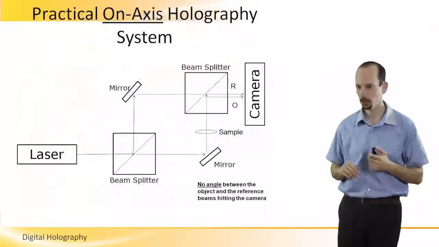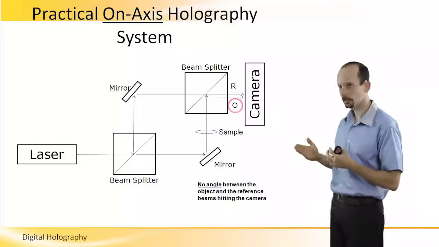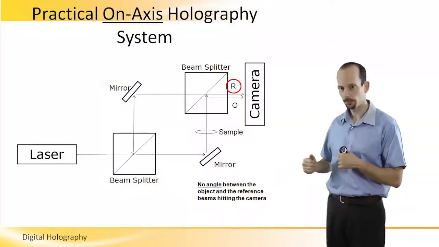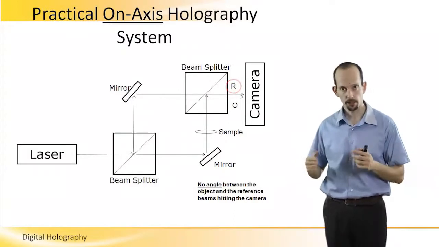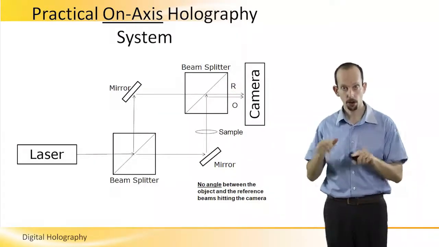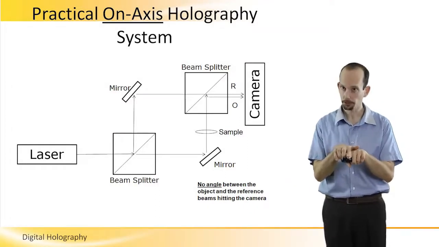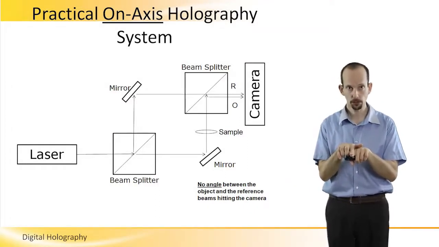In on-axis holography, there is no angle between the object and the reference wave. Because there is no angle, these 4 elements overlap, and it is quite hard to separate them. They are not located in different positions in the Fourier domain, such as what happens in off-axis holography.